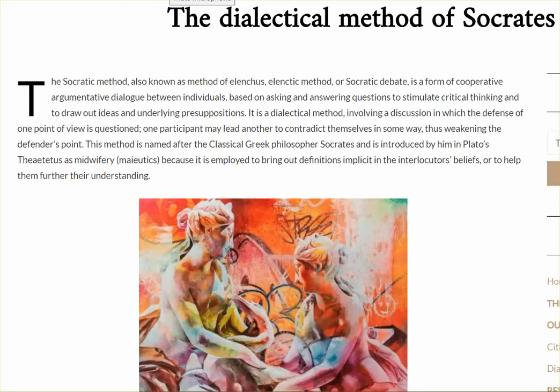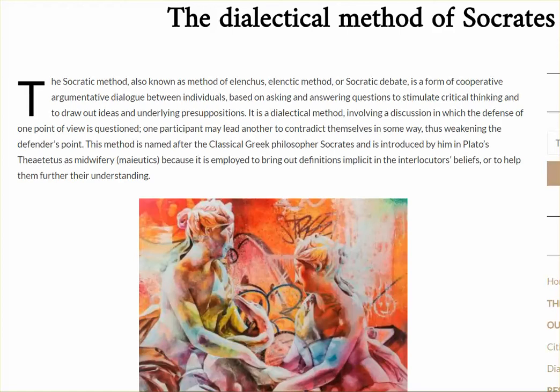So, the second part of philosophy is the Socratic method, which we call the dialectical method or Socratic method. It's also known as Elenchus or the elenctic method or Socratic debate, because it is a form of cooperative argumentative dialogue between individuals, which is used to stimulate critical thinking and to draw out ideas and underlying presuppositions.